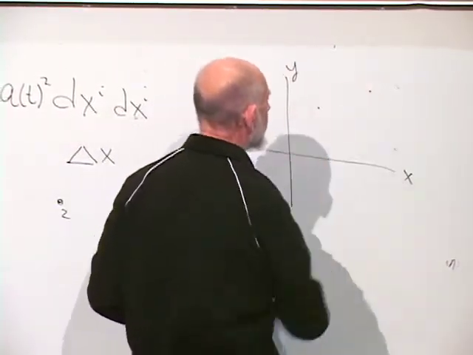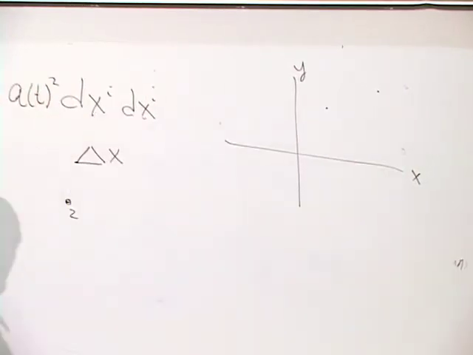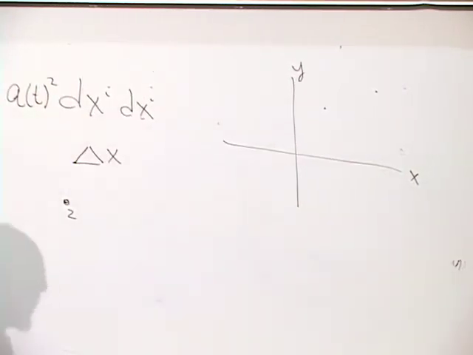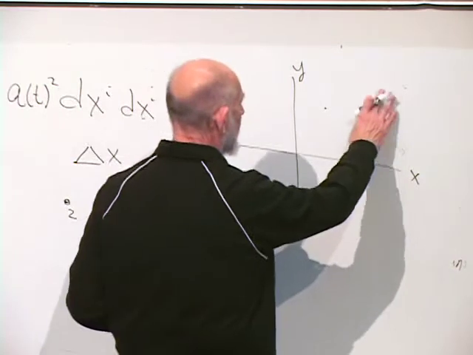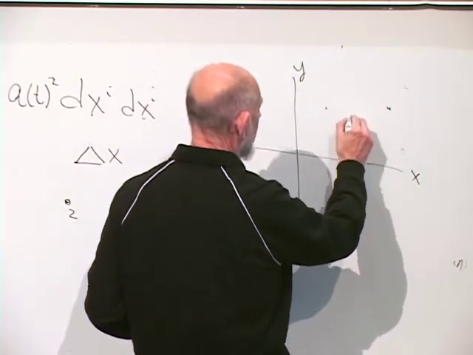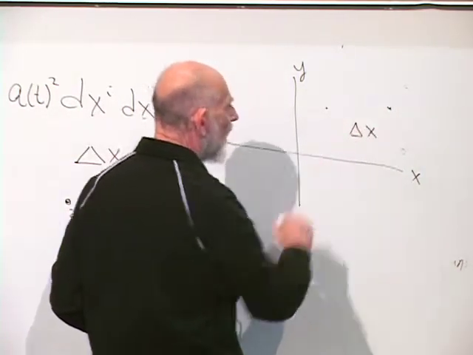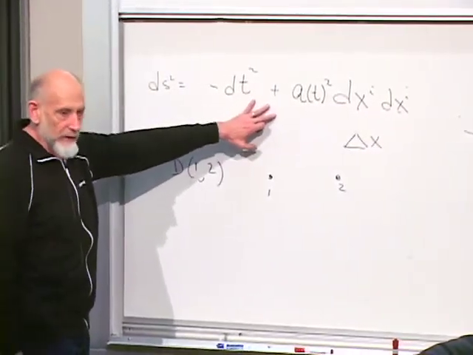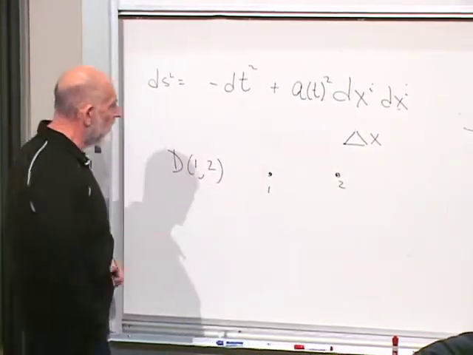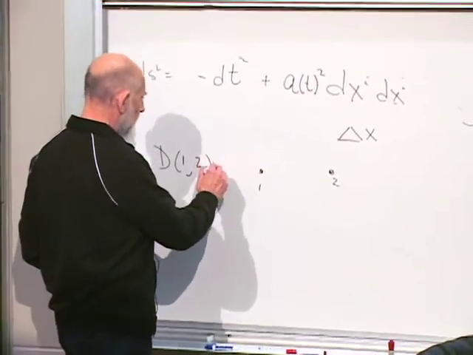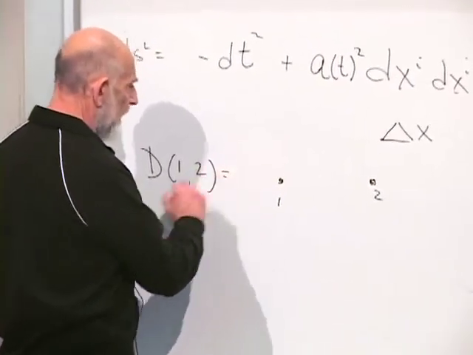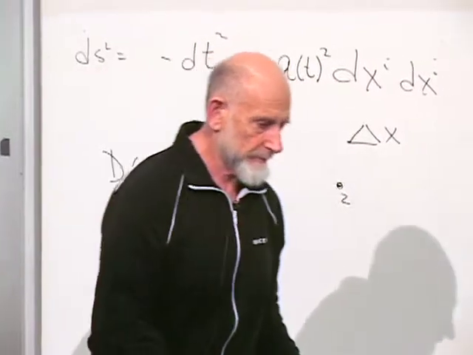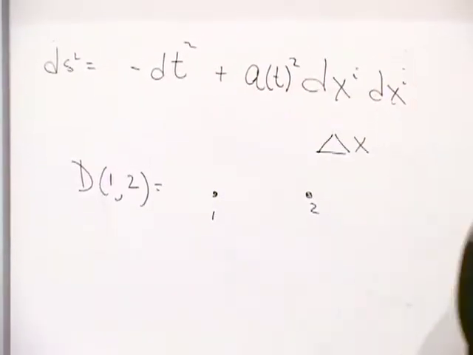Here's 2 points, and they're separated by a coordinate distance. Let's put them along the x-axis, delta x. How far are they really in proper distance? That's what the metric tells you. That's what metrics are for. And the answer is that the d is going to be delta x times a of t.